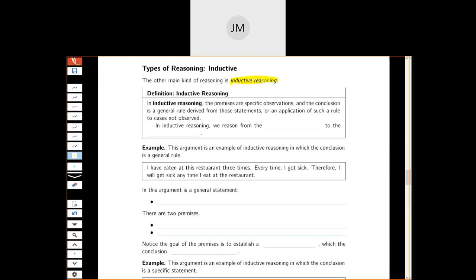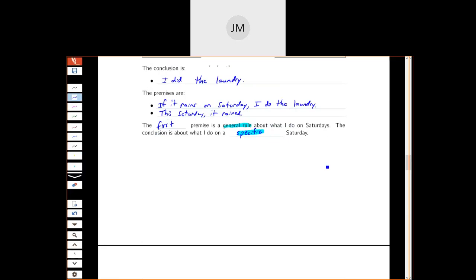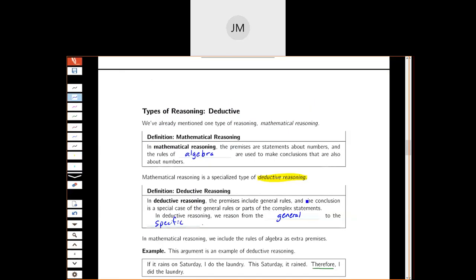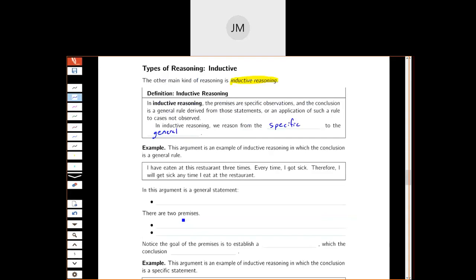So we're arguing from the specific to the general. It's kind of backwards from deductive reasoning. In deductive reasoning, we reason from the general to the specific. In inductive reasoning, we reason from the specific to the general.